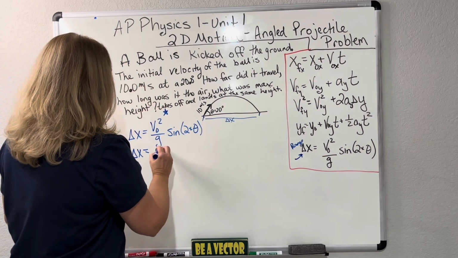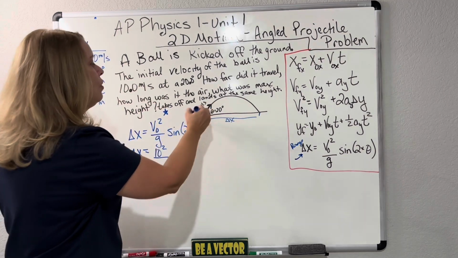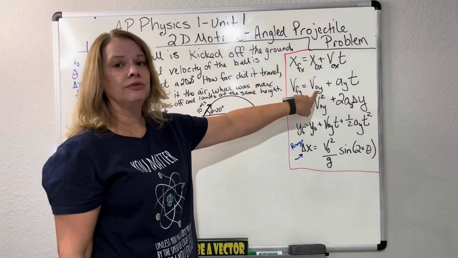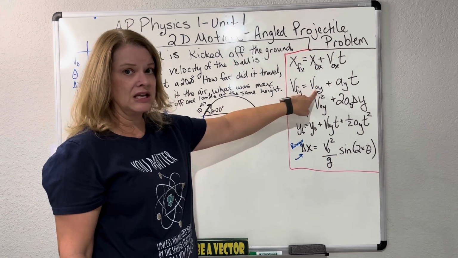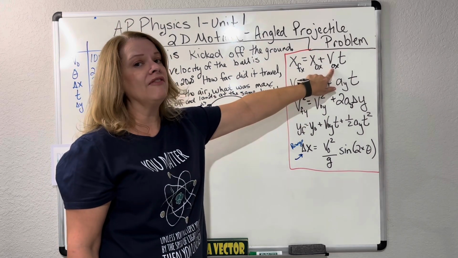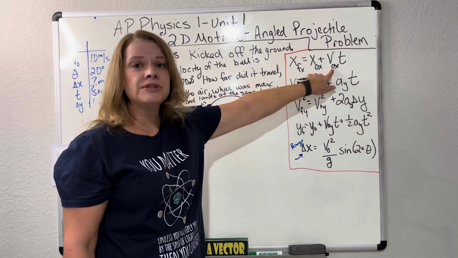Now this is the only place that you can use your whole hypotenuse. If we're talking about initial velocity in the y, you've got to use V naught sine theta. If you're talking about your initial velocity in the x, you've got to use V naught cosine theta.